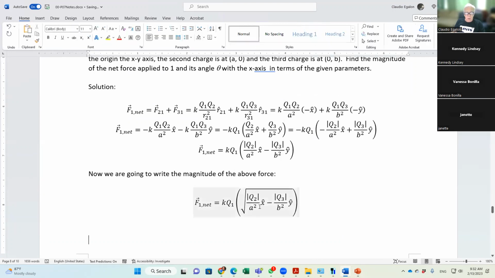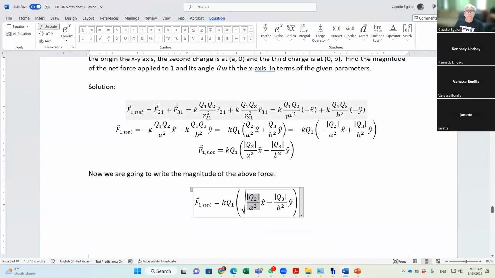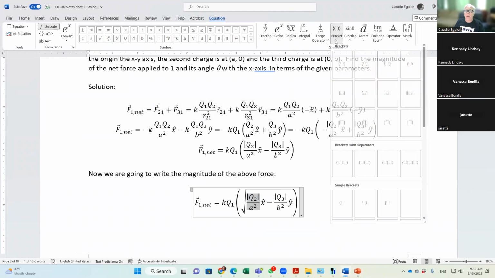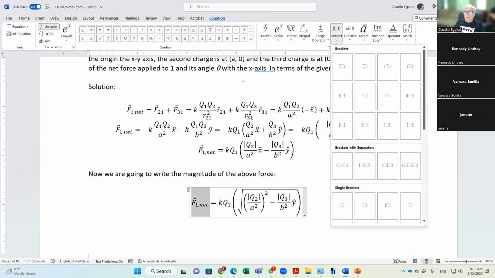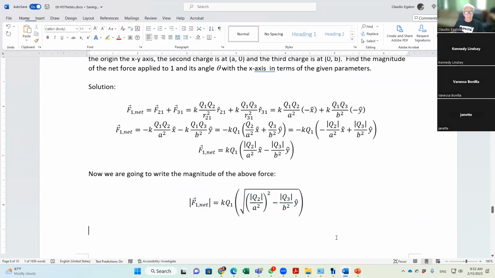We have to square the first term. We eliminate the x hat because we are just trying to find the magnitude. And by the way, I have to write that down here: magnitude.